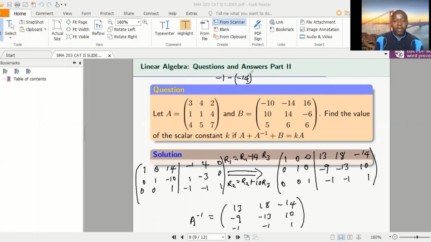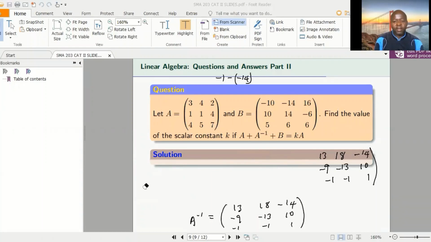So that means we are now ready to answer the question. The question was A plus A inverse plus B should give us kA. So what is A? Now back to the question. A is 3, 4, 2, 1, 1, 4, 4, 5, 7.